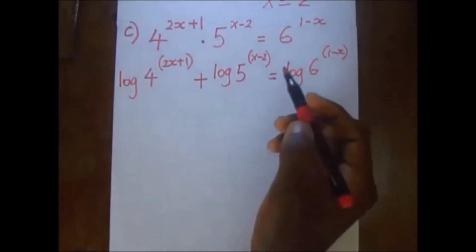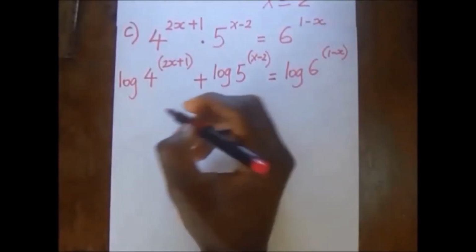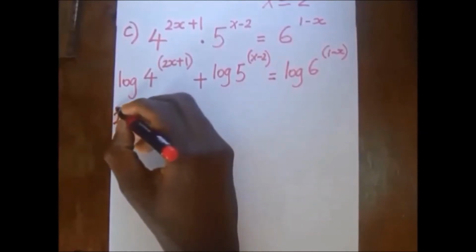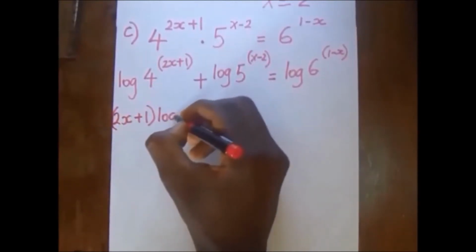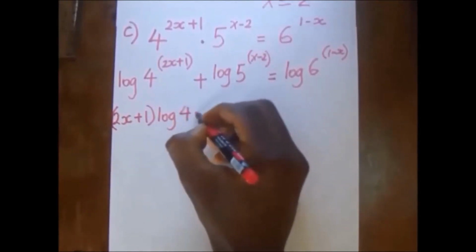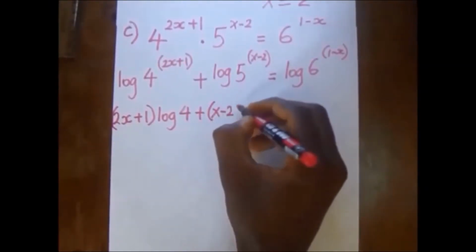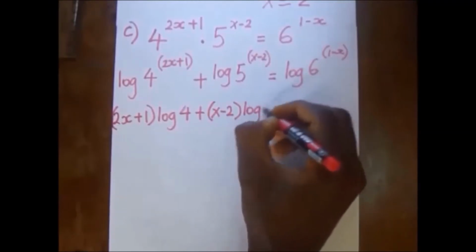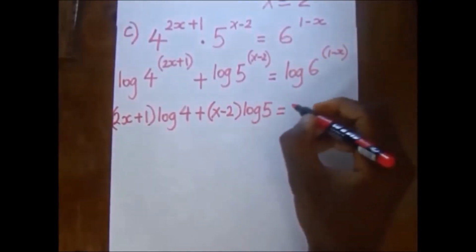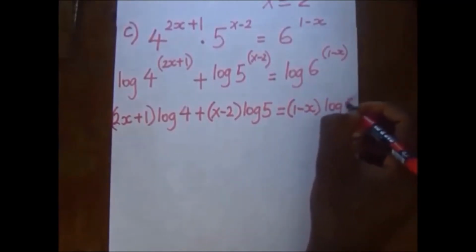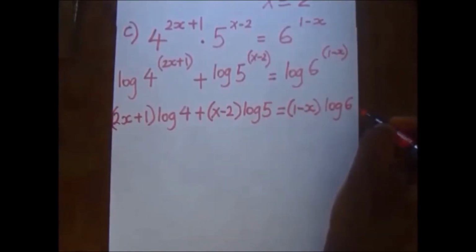Okay. So now this is going to become 2x plus 1 log 4 plus x minus 2 log of 5 is going to be equal to 1 minus x the log of 6.